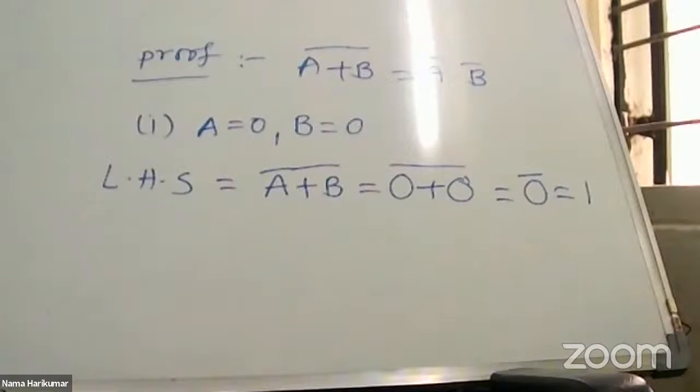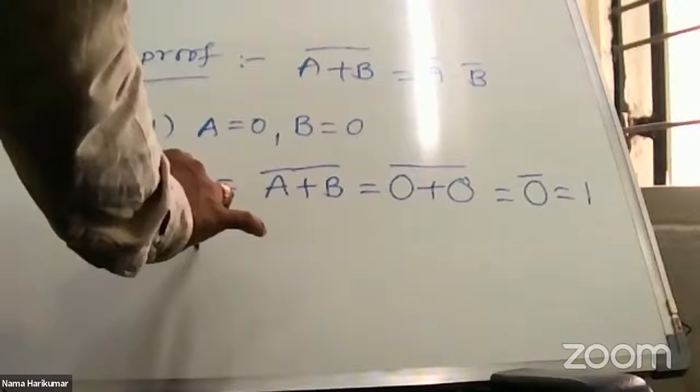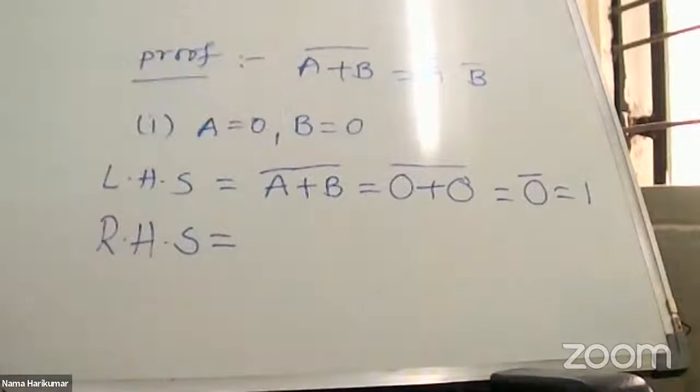On the LHS, A plus B whole bar, or A plus B complement, the value is 1. Similarly, we have to write the RHS value.